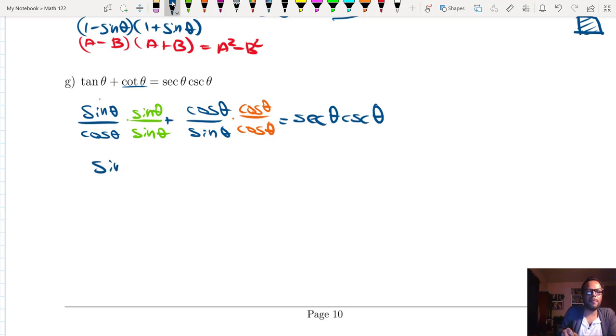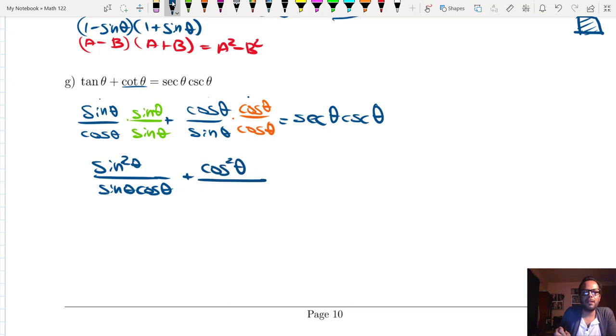That's sine squared divided by sine cosine, plus cosine times cosine. That's going to be cosine squared theta divided by sine times cosine, equals secant cosecant.